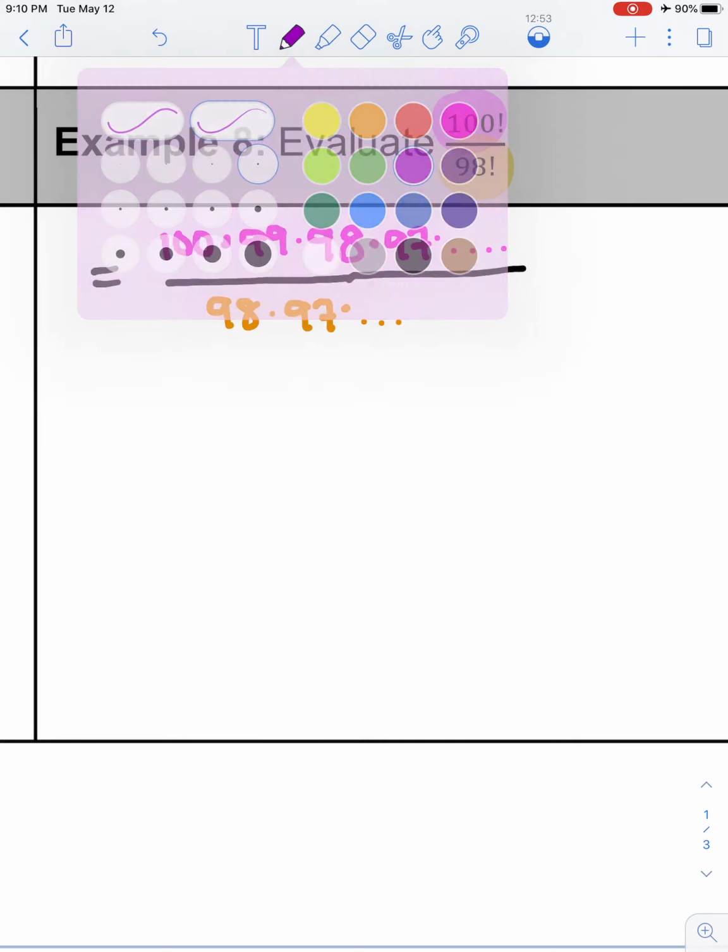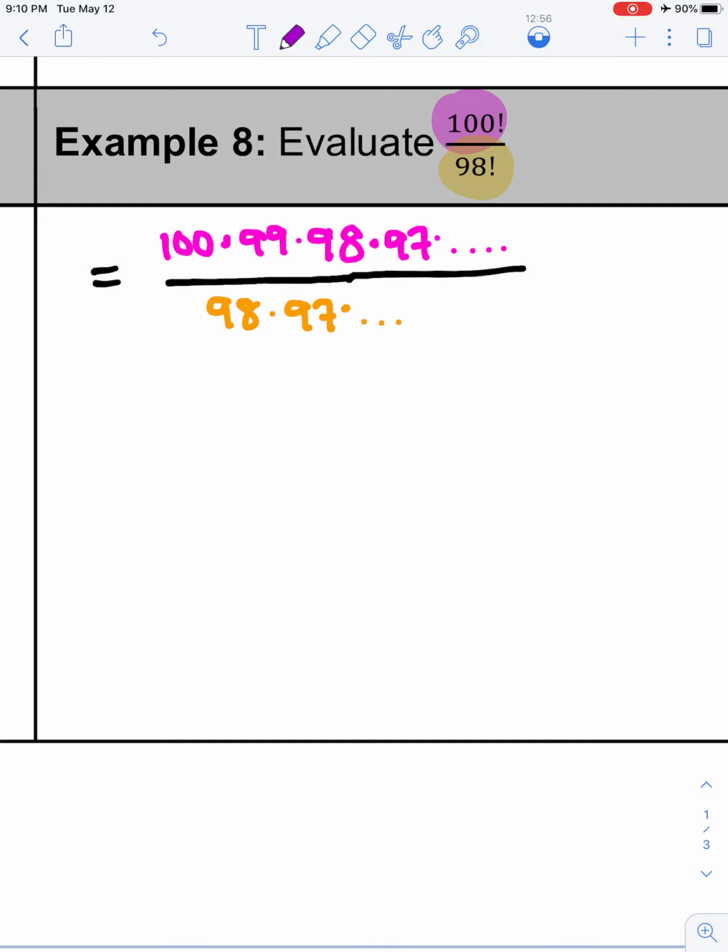Because of that nature of the multiplication, I know that the 98 from the denominator and the numerator reduce each other, as does the 97 and the 97. And then all of these trailing factors in the denominator after 97 are present in the numerator, right? We have the same trailing factors there, so they will all cancel. Okay, so what this does is it just leaves us with the product of 100 times 99.